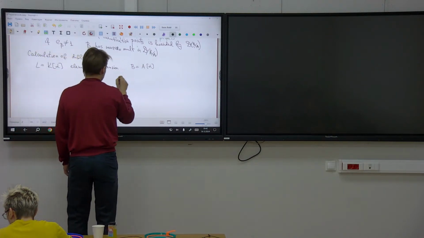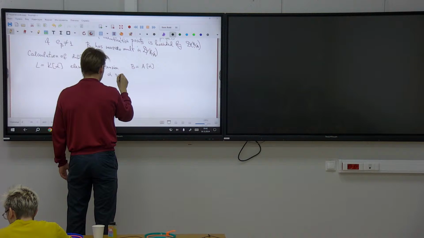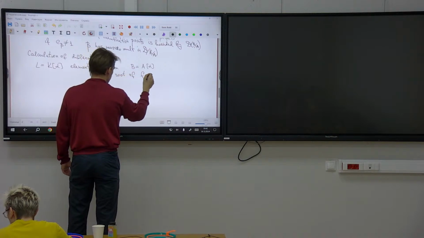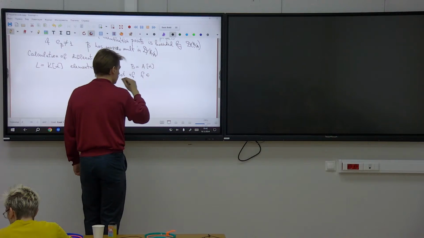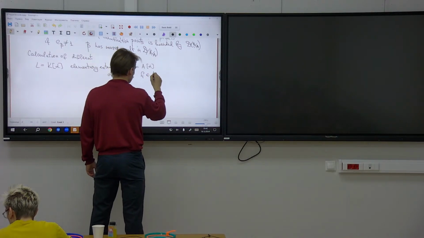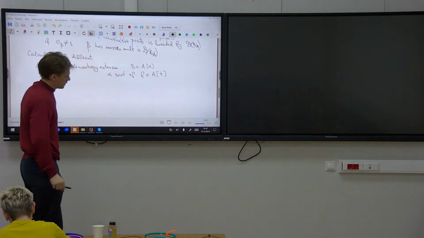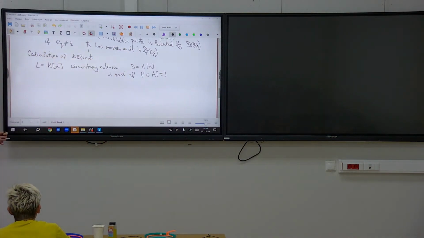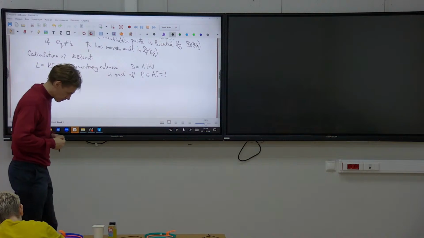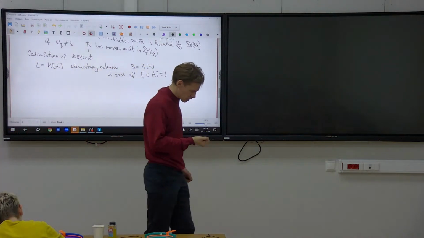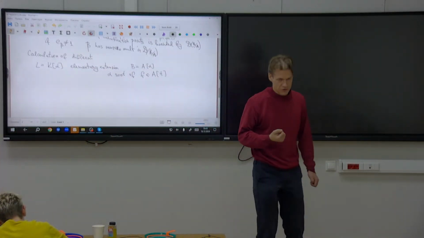So alpha is a root of f, a polynomial over A. So notice that here it is not so clear that if you add the root of one polynomial, then you get all in the ring of integers B.